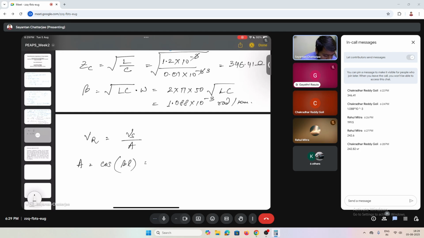Yes, there is an issue with these values. Okay, let me calculate it here on the screen, so in the recordings you will get to see.